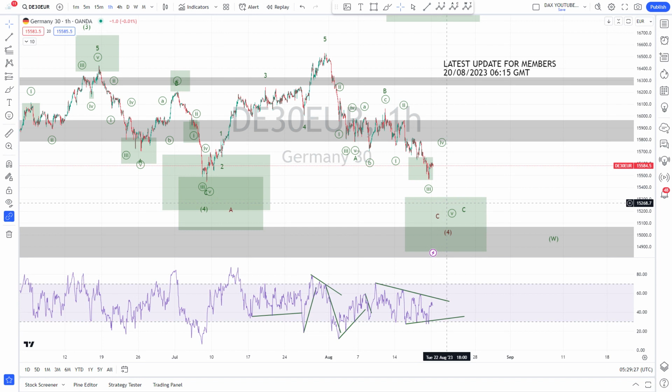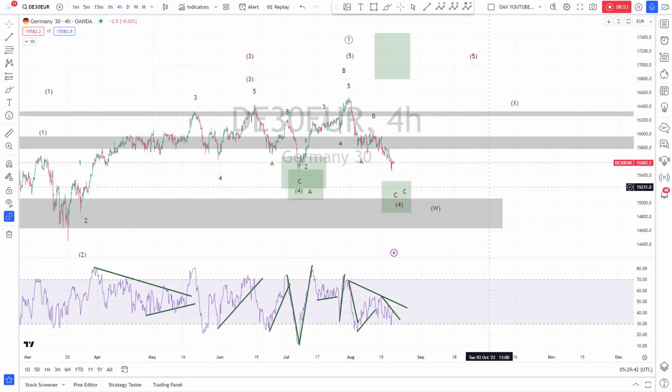This is what I'm looking for now, a long from here, from this area, because it's actually also supported by a bullish count.